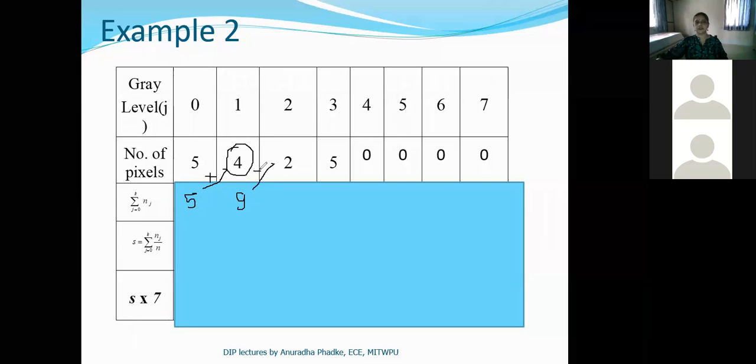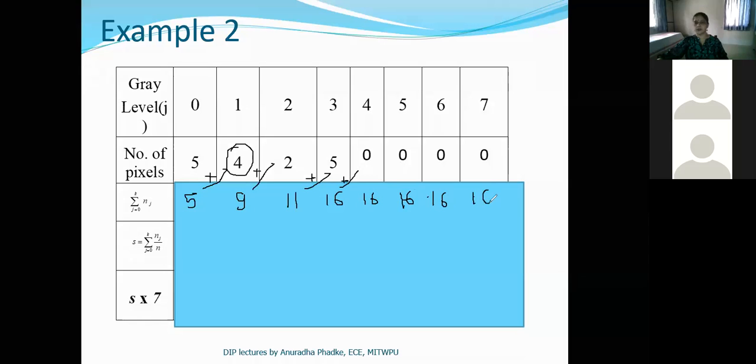Then 9 plus 2, you will get 11. 11 plus 5, you will get 16. Then 16 plus 0 gives 16, and the rest are all 16, because these counts are 0.